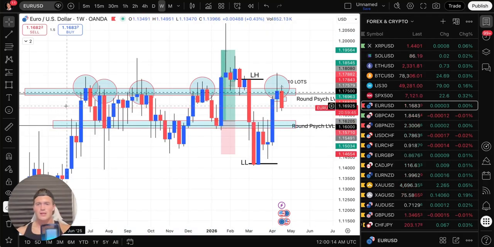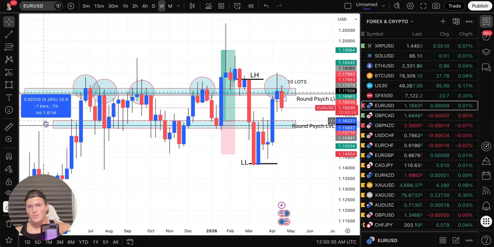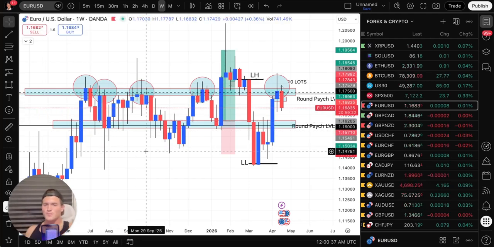Now, I don't typically like making my areas of interest any bigger than 50 to 60 pips. Our market movements are small, and you can test your pips by going to this little ruler right here and going right here. So this is 32.9 pips. So pretty good stop loss. I like them narrow. Just gives me more of a sniper way of looking at the market.